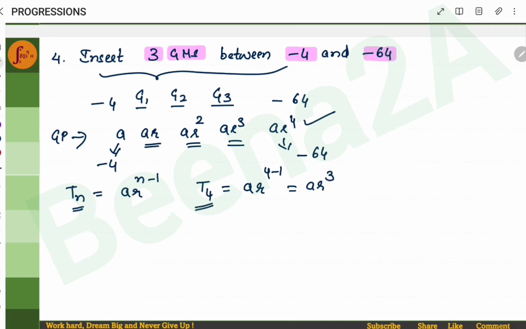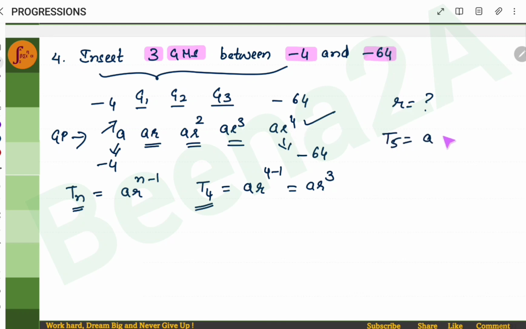Now we need to find the common ratio, right? Unless we find the common ratio, we'll not be able to find the terms in between. We know the first term also. We know the last term. We don't know the common ratio. So we will take this last term. Last term is 1, 2, 3, 4, 5. So it's T5.